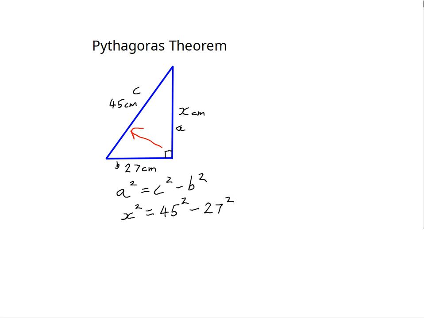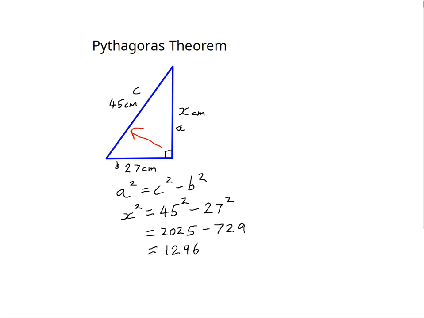Okay, we put that into our calculator. 45 squared is 2025. 27 squared is 729. Which gives us 1296. But remember, that is your x squared, so we have to take the square root of that.